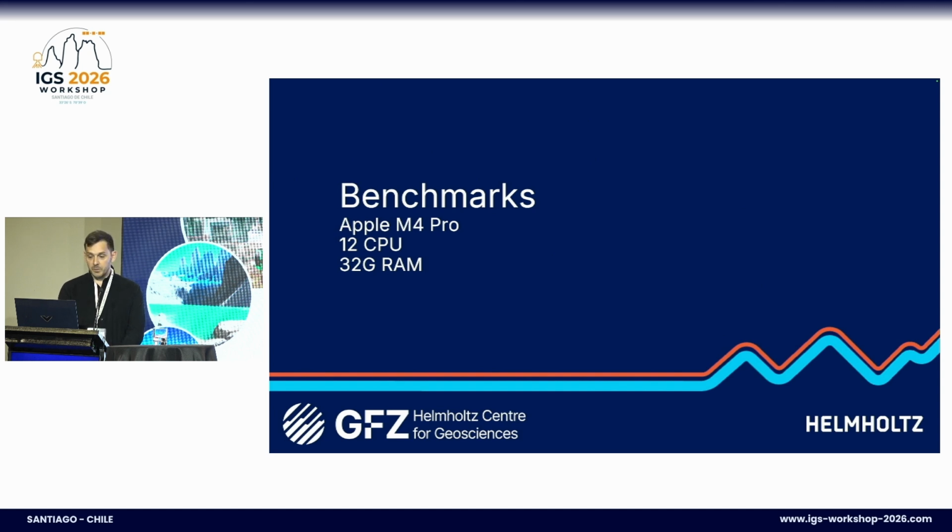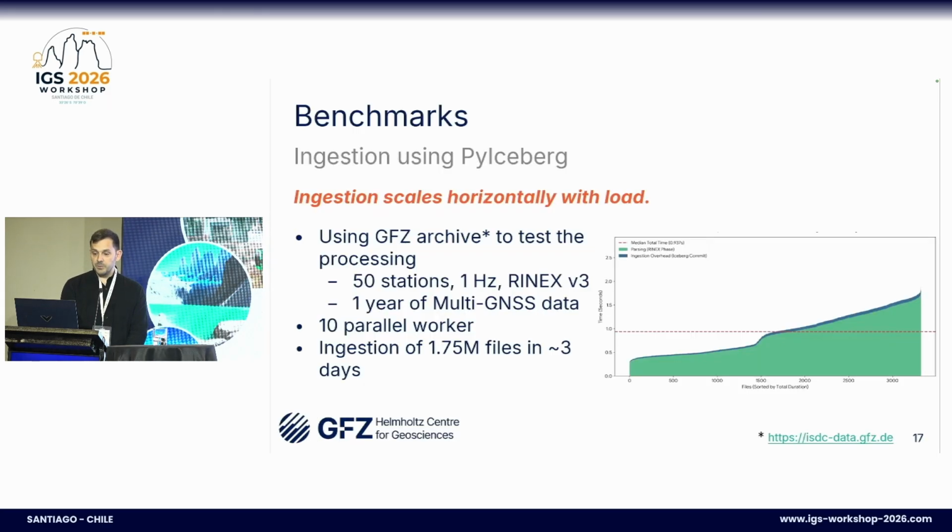We performed some benchmark tests on our developer notebook, which is an Apple M4 Pro with 12 CPU and 32 gig of RAM. And we performed benchmark tests for first the ingestion. There we used PyIceberg. We used our GFZ archive to test the processing.